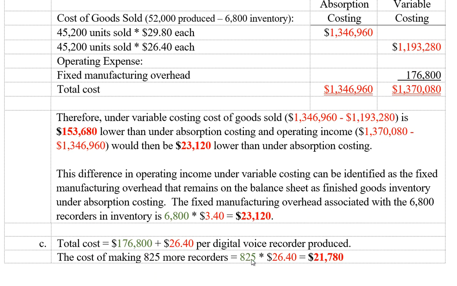So remember that it gets to a certain point where all of the fixed cost has been absorbed, then the only increase in cost on these 825 more recorders is going to be the variable cost, and that amount would be 21,780.